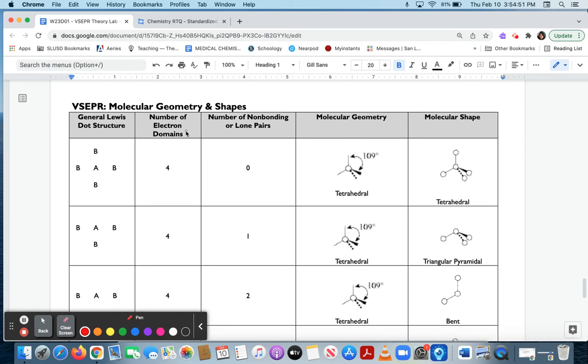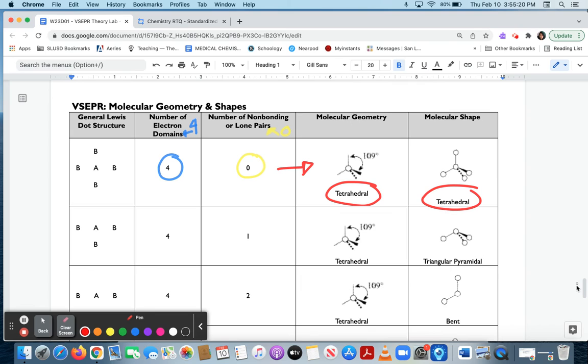Notice earlier that we determined that we had 4 electron domains and 0 lone pairs. And if you noticed here in the table, 4 electron domains, 0 lone pairs. Therefore, the name of our molecular geometry of this particular molecule is tetrahedral and tetrahedral.